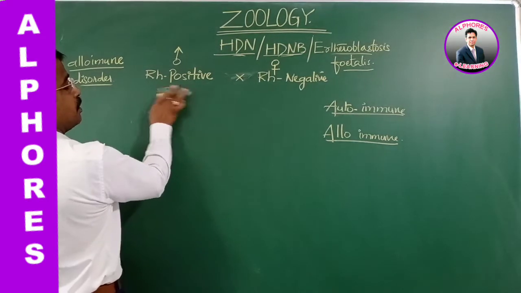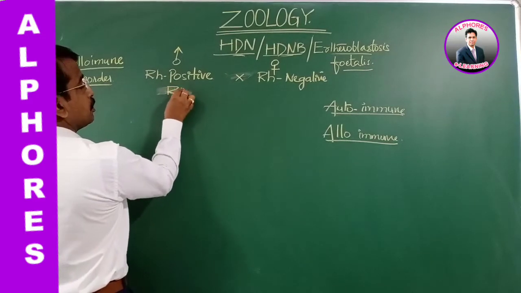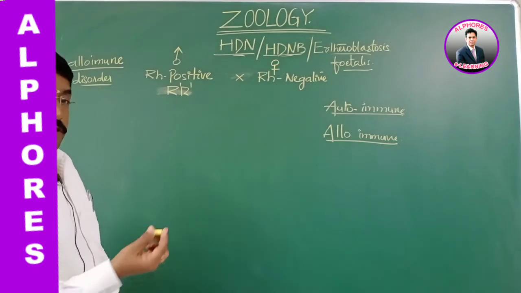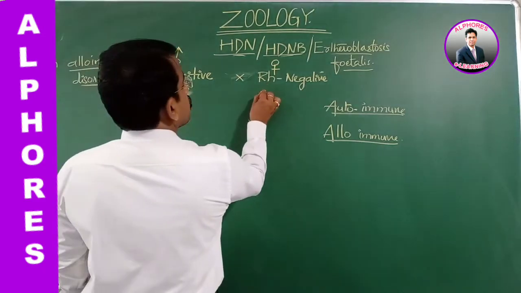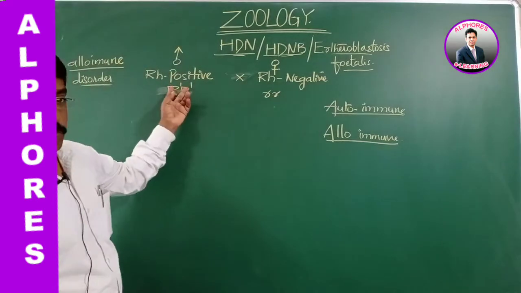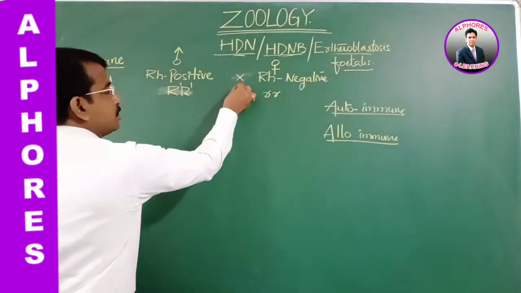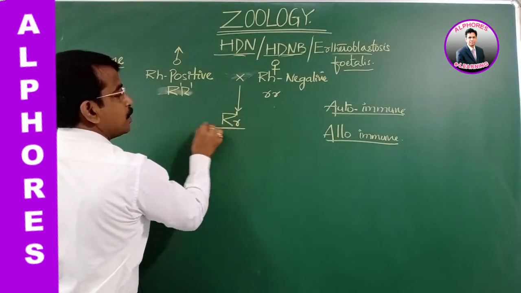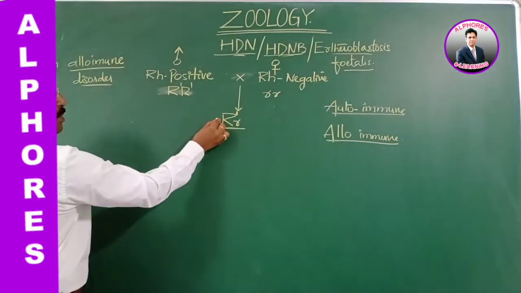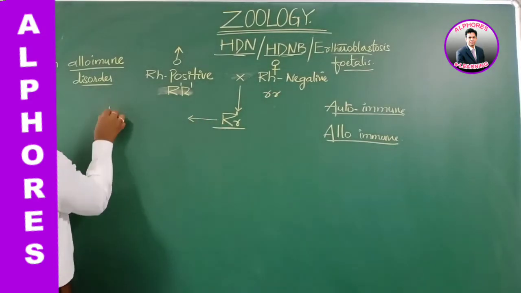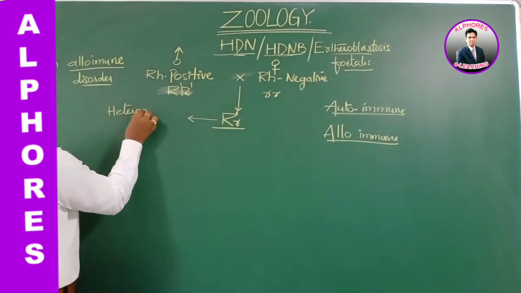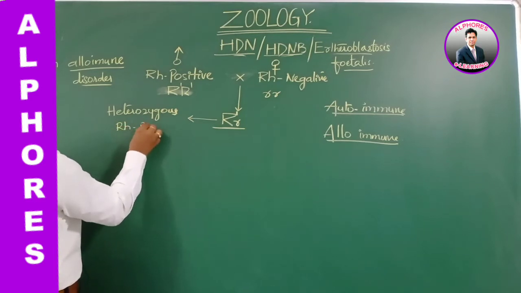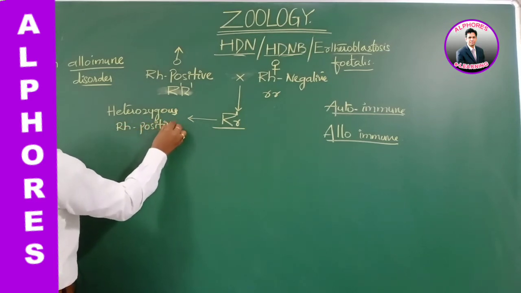For suppose it may be with R1 or R0, any of the dominant alleles, and the mother Rh negative. So father is Rh positive, mother is Rh negative. What genotype is seen in the baby? It is none other than R1R, that is heterozygous. So the baby born is heterozygous Rh positive.